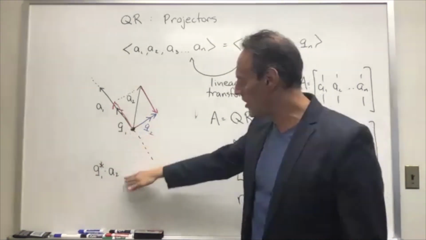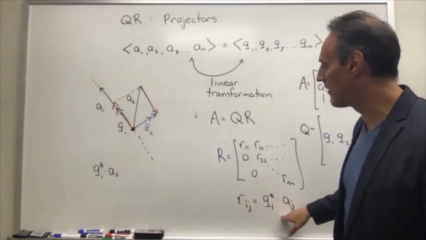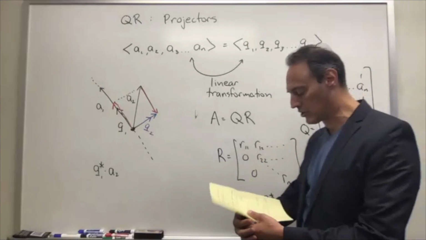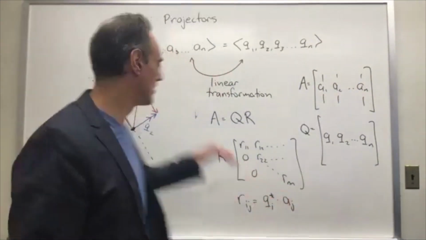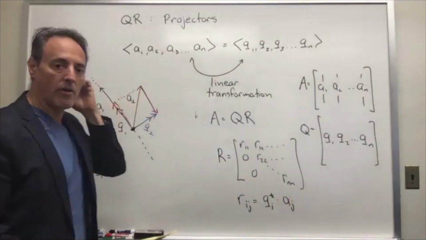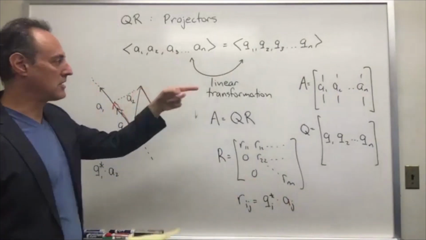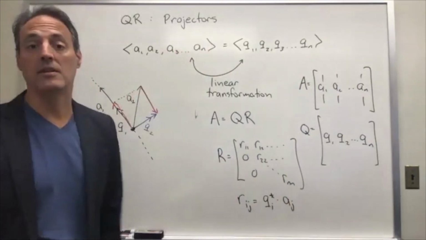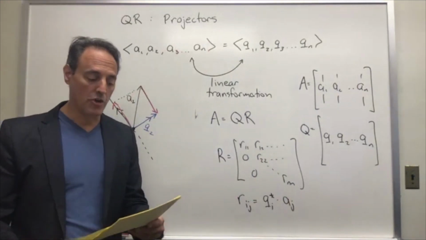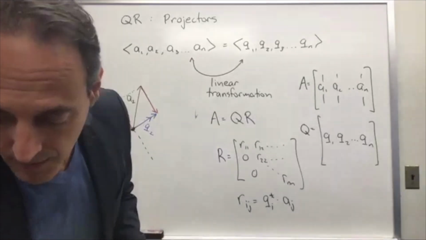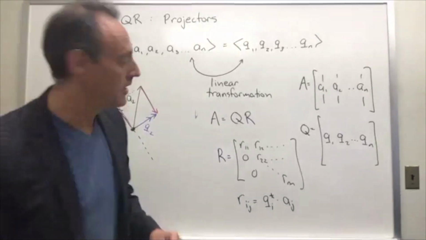So that is the generic formula. That's exactly what we have here. The way to do this is through subtracting those contributions of a vector that already are in the subspace spanned by the previous orthonormal vectors. Okay? So that's the picture that we want to have in our mind.